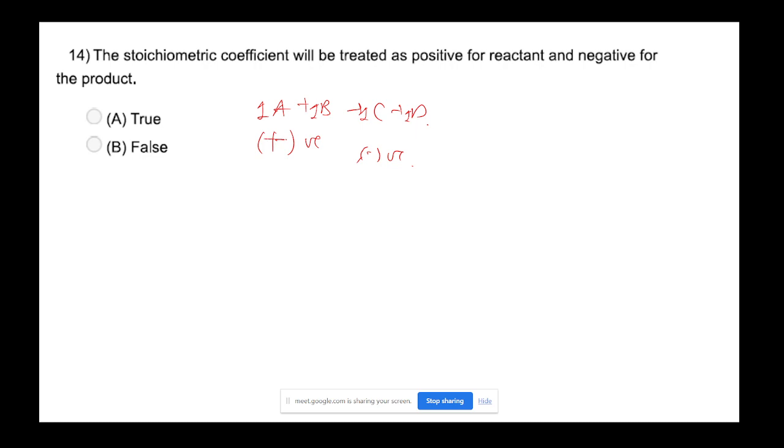Positive is generally used for the one which is produced, or product, and negative is used for consumed. This is related to the mass balance. You can relate it with that also, which is consumed reactant. So this is a contradictory statement, so it is false.